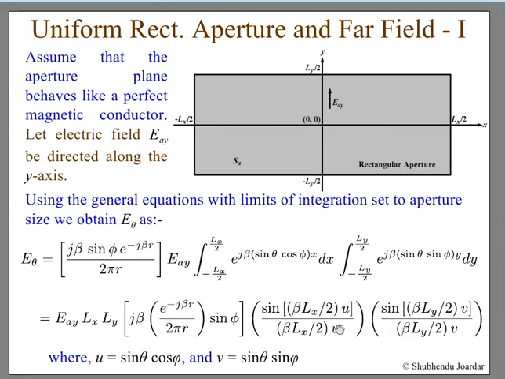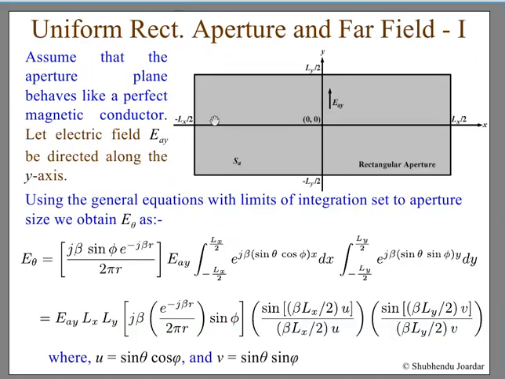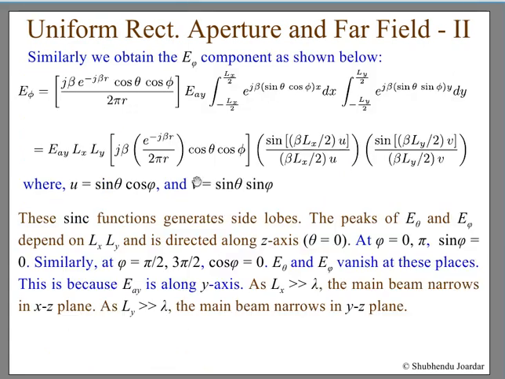There are two sinc functions here as well as here: one for the x-axis, one for the y-axis. These sinc functions generate the side lobes. The peaks of E theta and E phi depend on Lx and Ly and are directed along the z-axis.